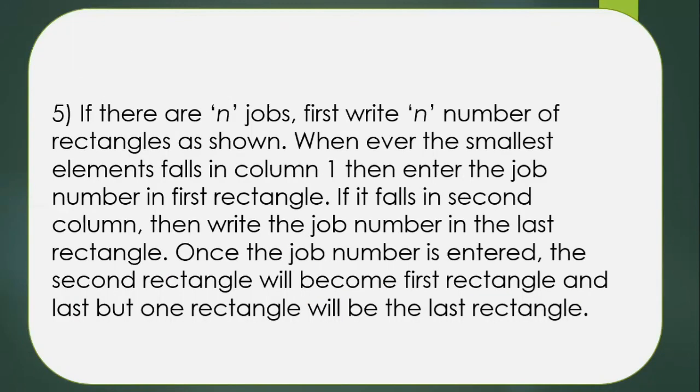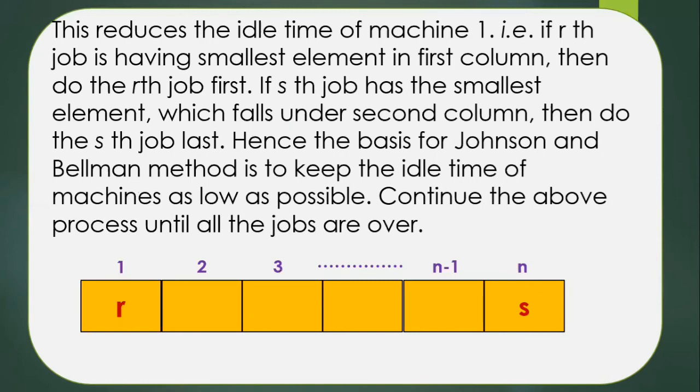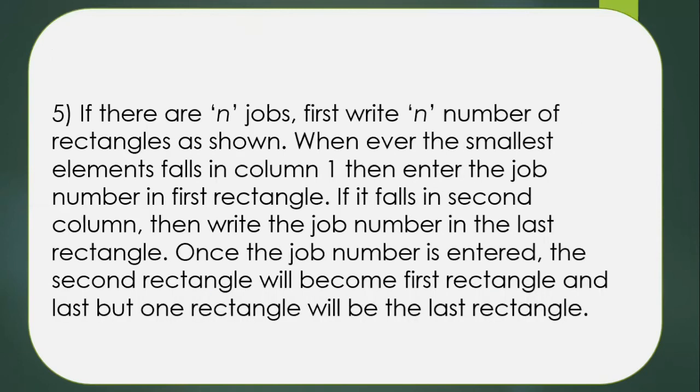And fifth, if there are n jobs, first, write n number of rectangles as shown in the previous slide, okay? This one at the bottom part. And whenever the smallest element falls in column 1, then enter the job number in first rectangle.